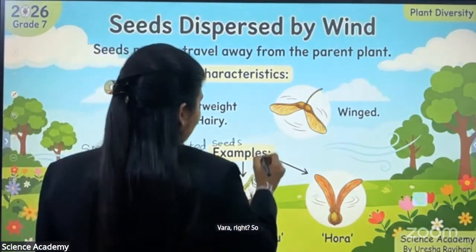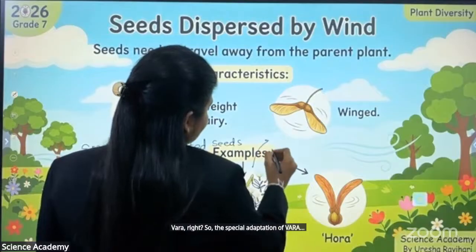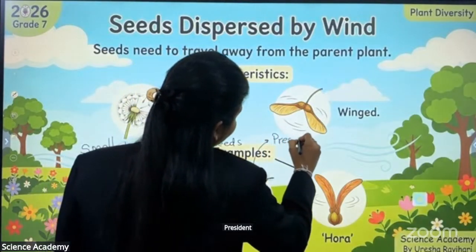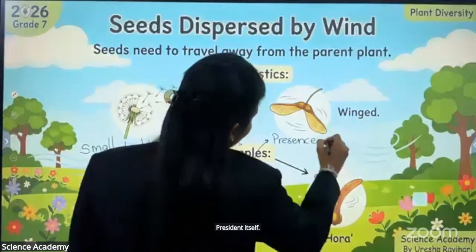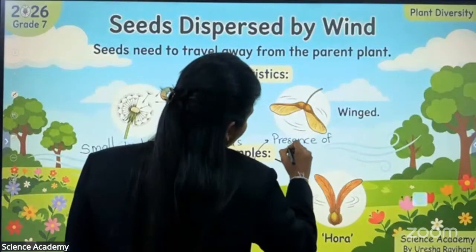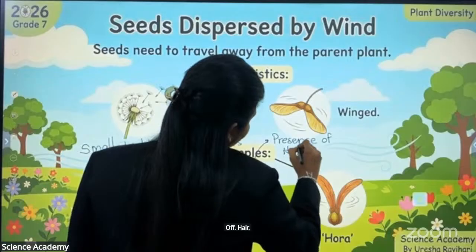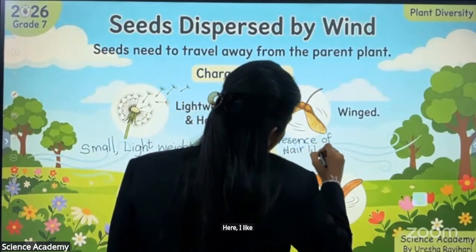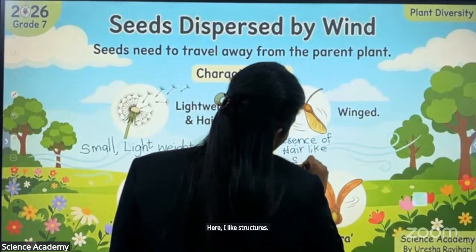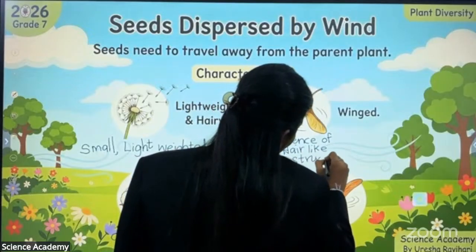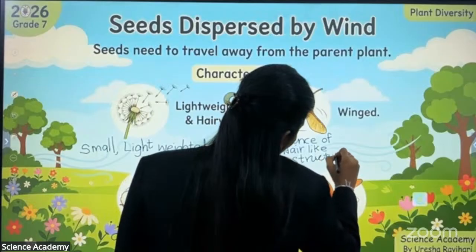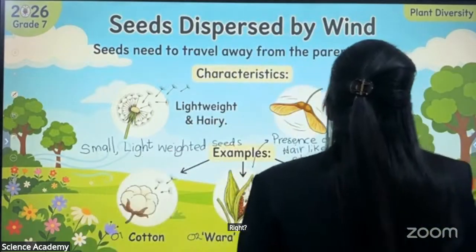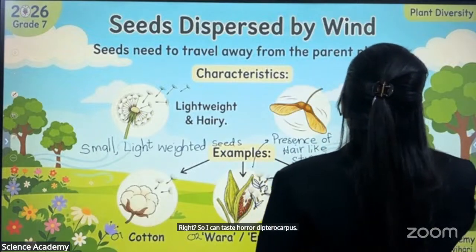So thereafter, second one you can write down vara, right? So the special adaptation of vara is presence of hair-like structures. Right? So this is hora, dipterocarpus, right?